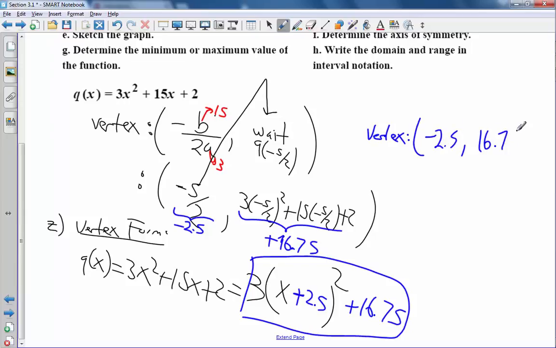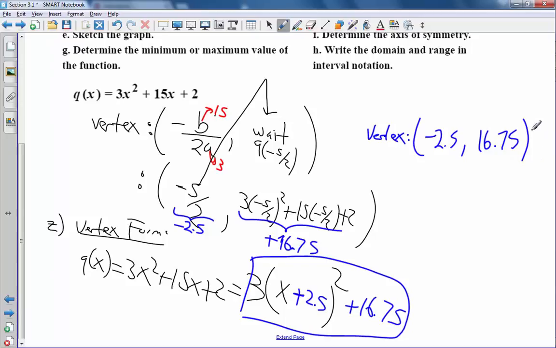Okay, I will ask them verbally and you will tell me. What is the axis of symmetry for this function? X equals negative 2.5. What's that? 16.75. What is this?